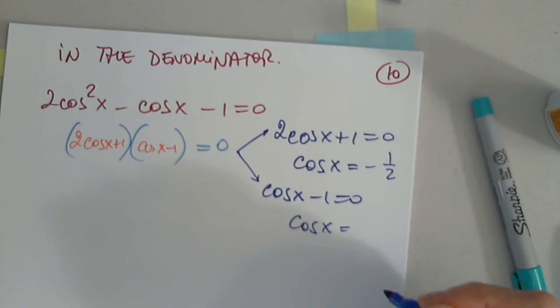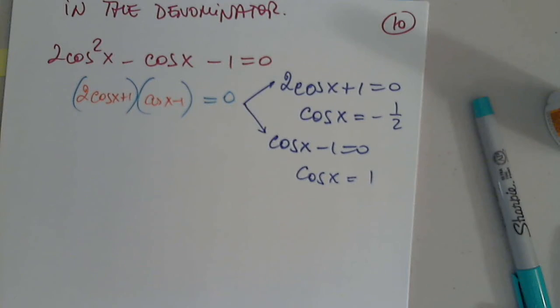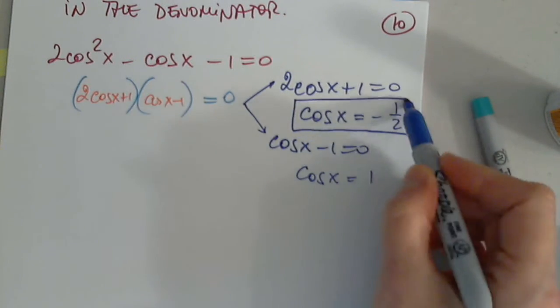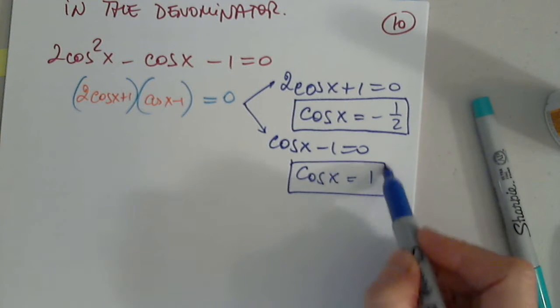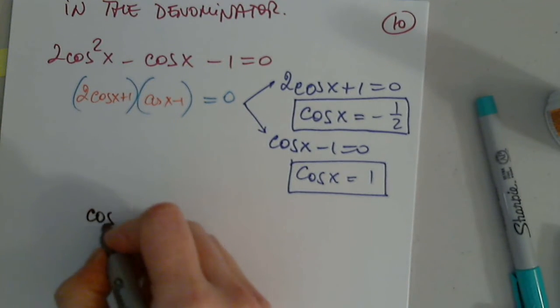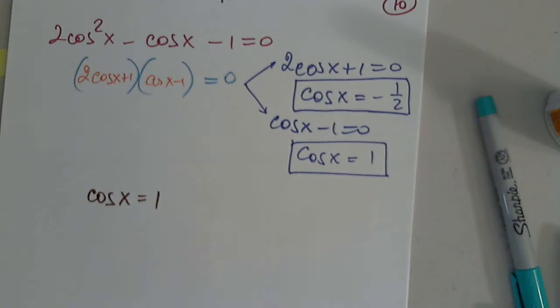Great job. Positive 1. Thank you, Jordan. Okay, now this is what we are interested in. This is the trig equation, and this other second trig equation that we need to worry about. Okay, so let's start with cosine x equals 1 because that's the easiest.